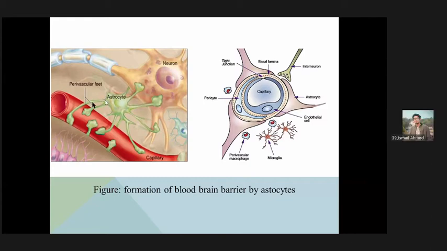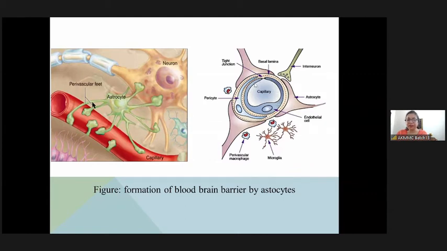If this happens inside our brain, then there will be extra pressure on our neurons. And by this astrocyte, it will form a barrier around this capillary. Look at this.